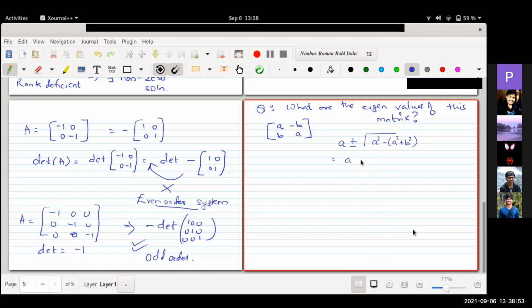Tell me, A plus or minus iB, sir. iB. Good. You look at this. It has complex eigenvalues.